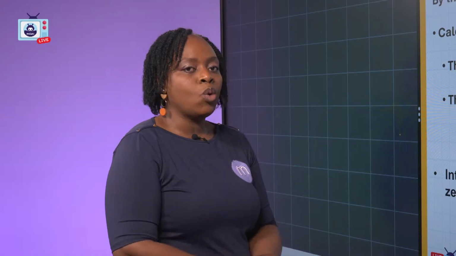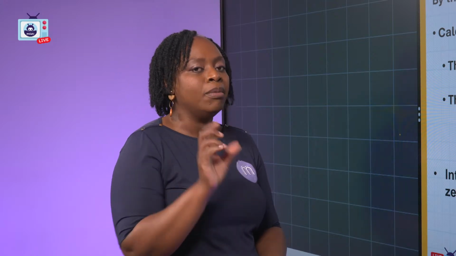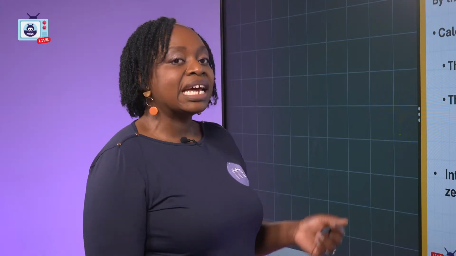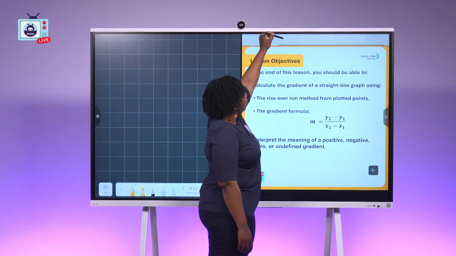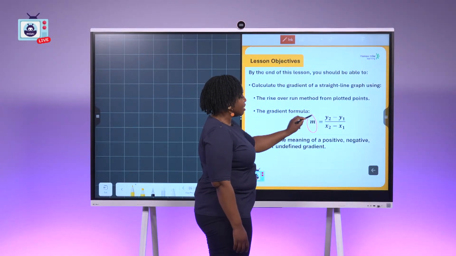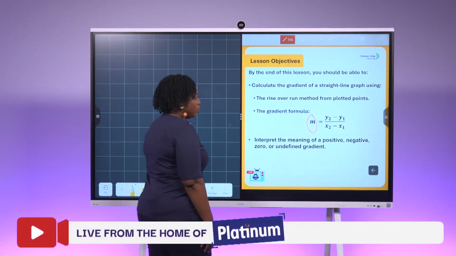If you remember in our first lesson, we had an equation y equals mx plus c, and most of you were asking what is m, what is the meaning of m. So we are here today to describe and interpret the meaning of m. This is the same m we are talking about, which we call gradient.